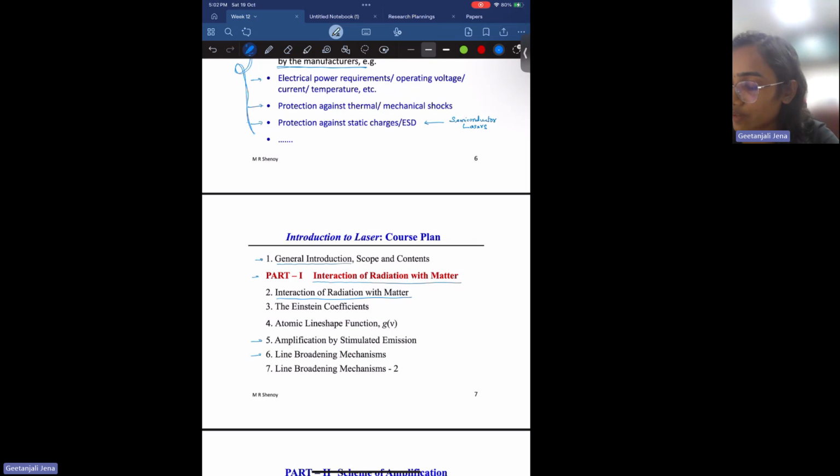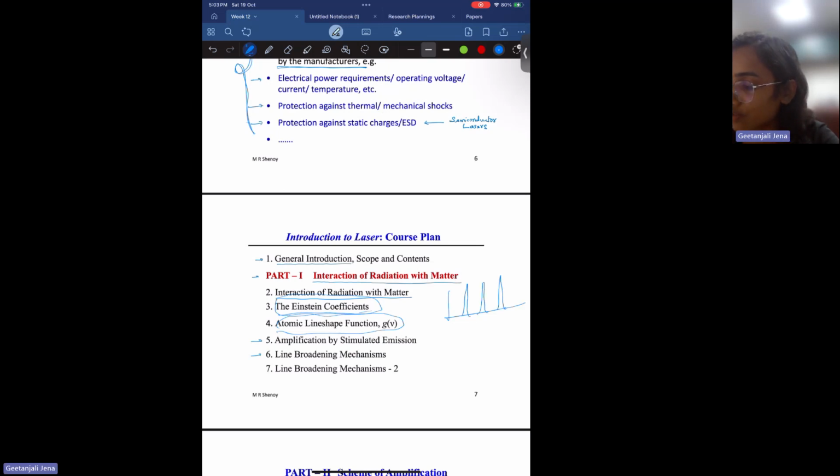So before that, we have gone through what are the Einstein coefficients and what are the atomic line shape functions, because normally for an atomic transition we expect to see lines in the spectrum, either emission or absorption spectrum, but we typically see a distribution around some frequency.